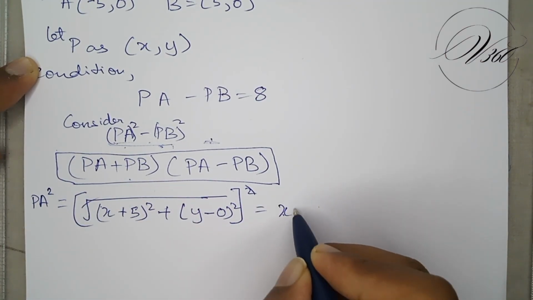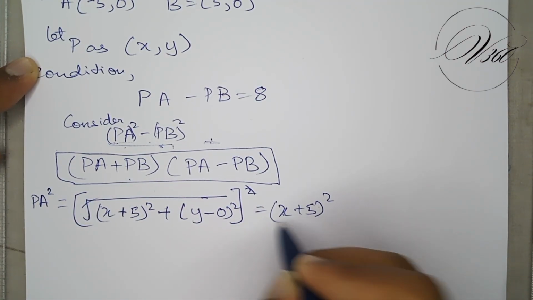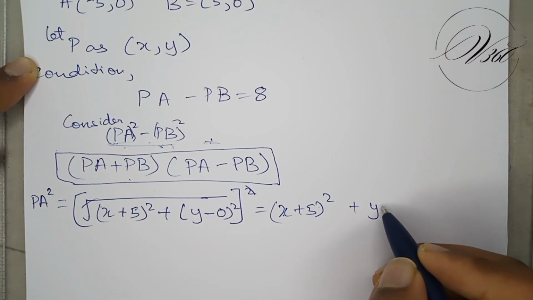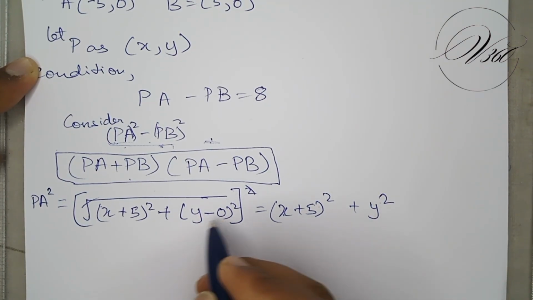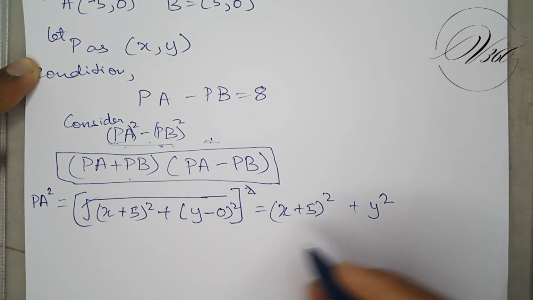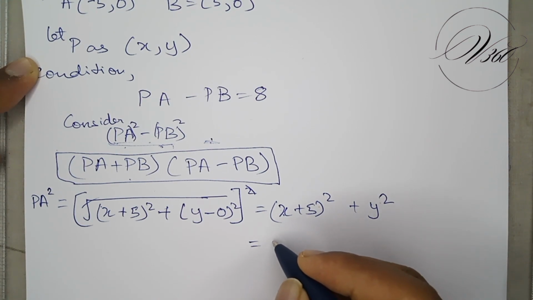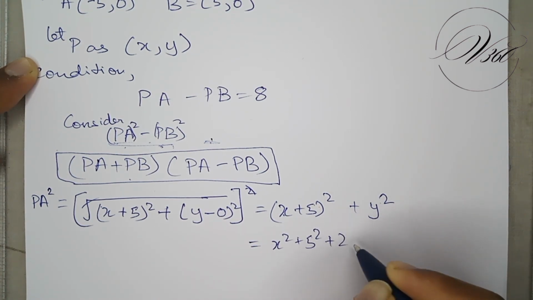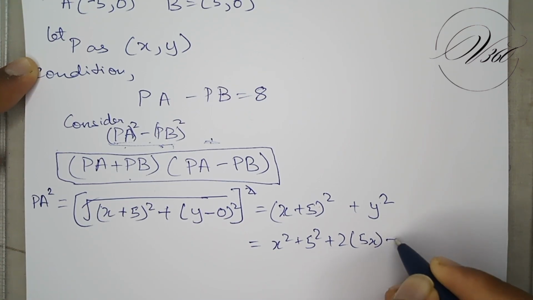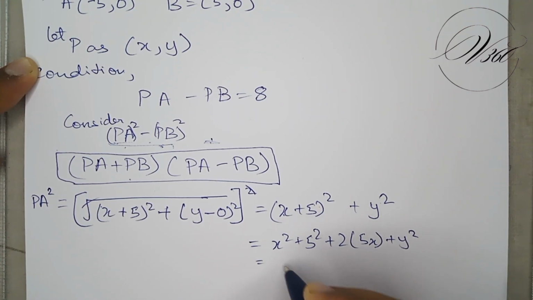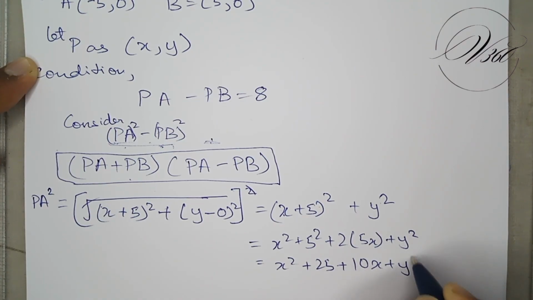Now we will get (x + 5) whole square plus y square, because y minus 0 is y. Now if we use the (a + b) whole square formula, x square plus 5 square plus 2 of 5x plus y square. Now here we'll get x square plus 25 plus 10x plus y square.